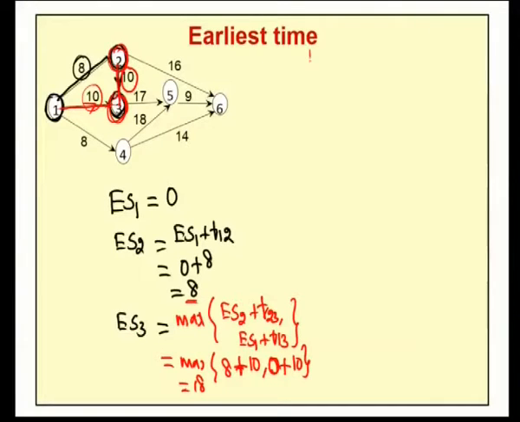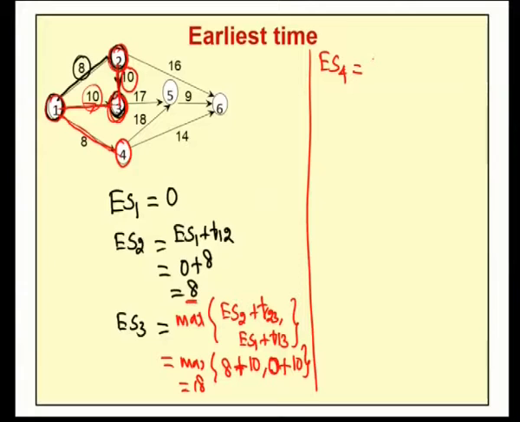After computing ES3, our next aim is to compute the value of ES4. That means for the node 4, we have to compute the earliest starting time. As far as the node 4 is concerned, the only incoming activity is from node 1 to 4, which takes the normal duration time as 8.